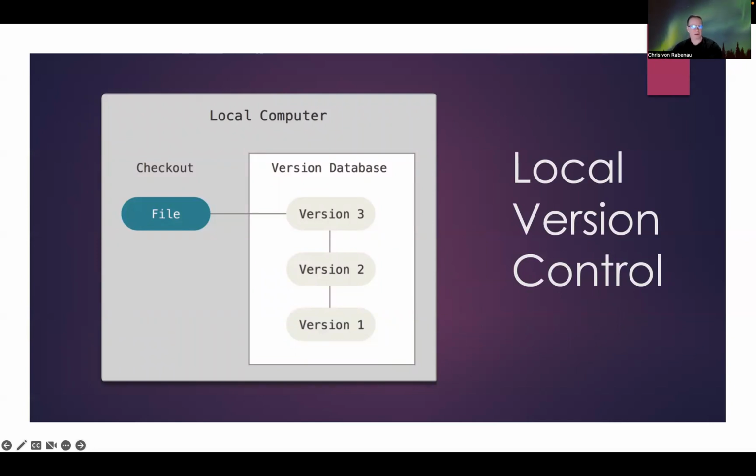Let me stop here. So this is what local version control looks like. I've got a file and I've got a version database, so I'm tracking the versions. I've got version 1, then version 2 and version 3 of this file on my local computer. So I know, and my local machine knows, where this version is.